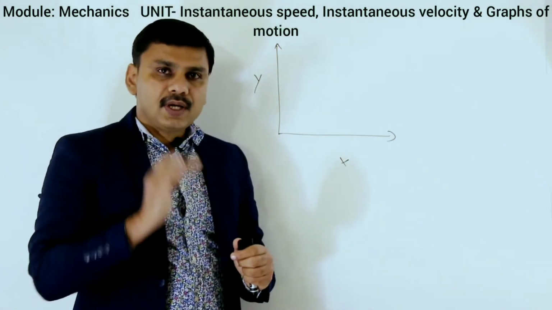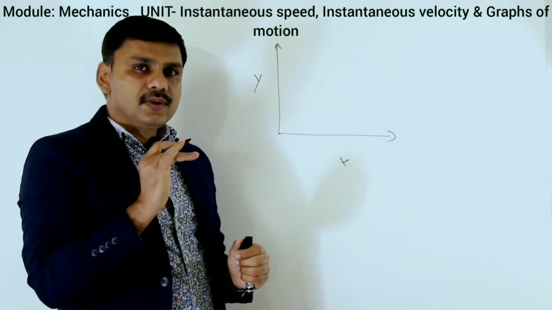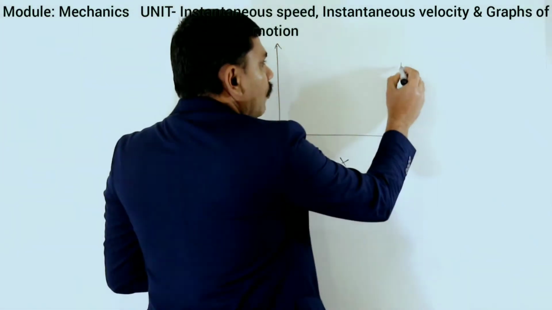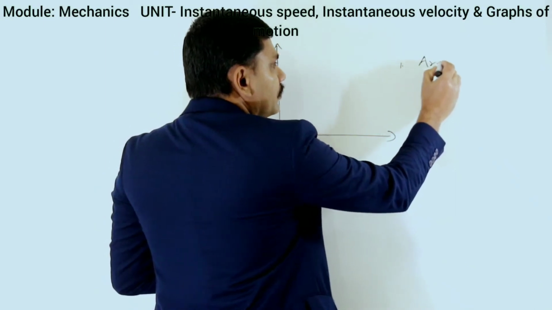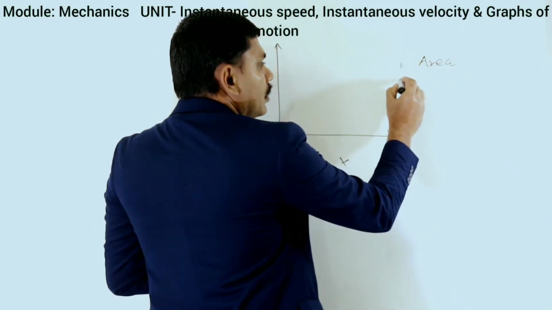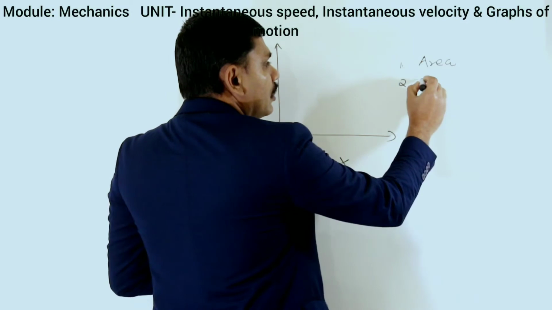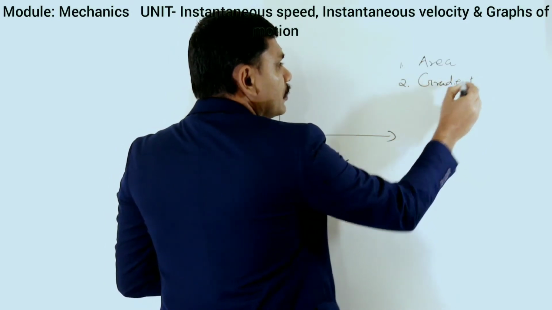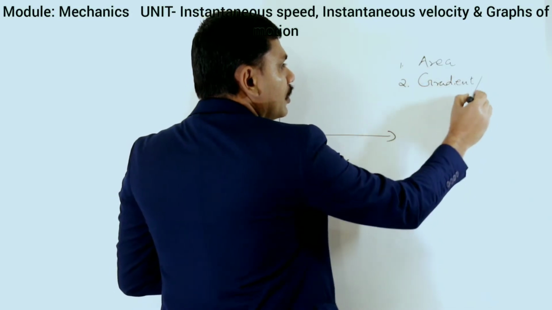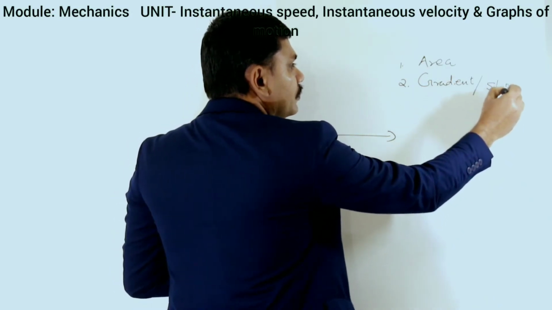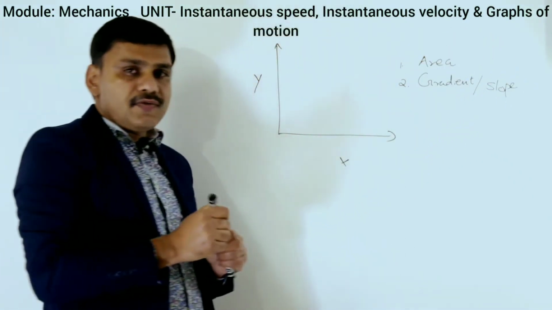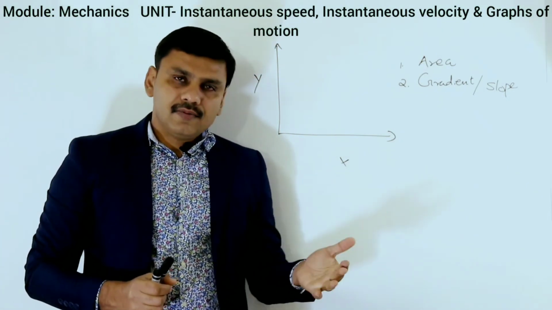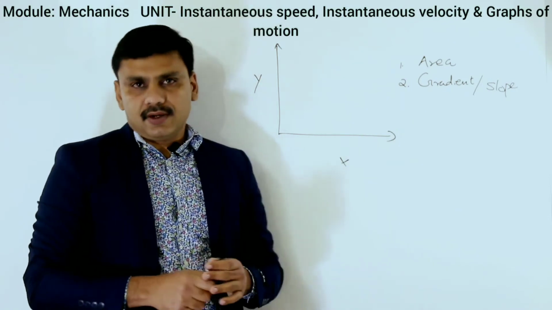From a graph, you can calculate two factors: one is the area of the graph, second is the gradient or slope of the graph. So from a graph you can calculate the area of the graph or the slope or gradient.